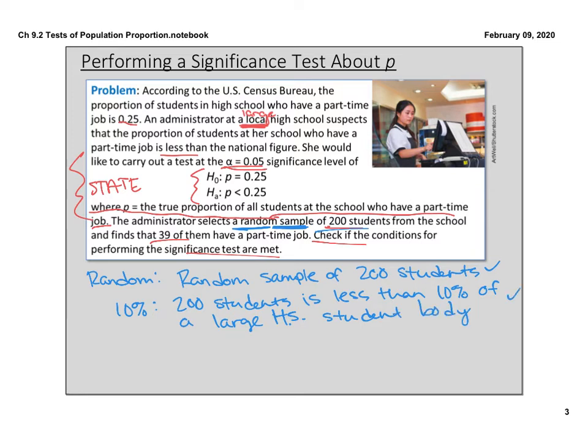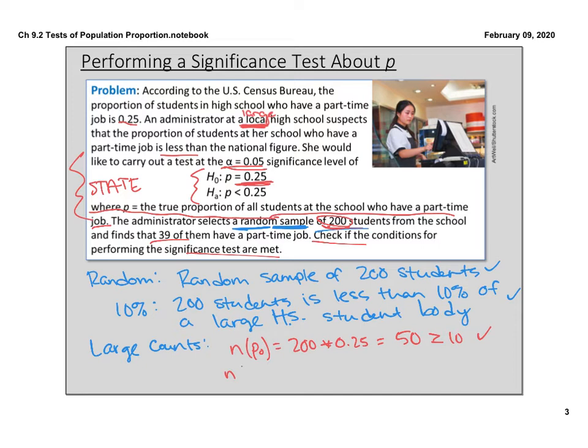The last one is the large counts. So for large counts, we need to make sure that our n times p, so our p sub 0, or our null p, is the 0.25, and that's the one that we want to use. The n is 200, so n times p sub 0 is equal to 200 times 0.25, which in this case is 50. 50 is greater than or equal to 10, so check.